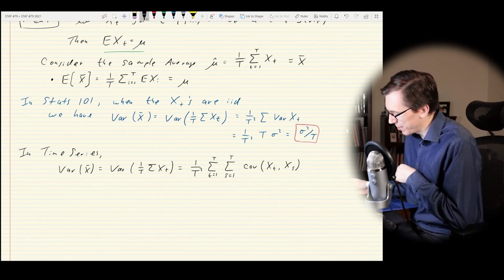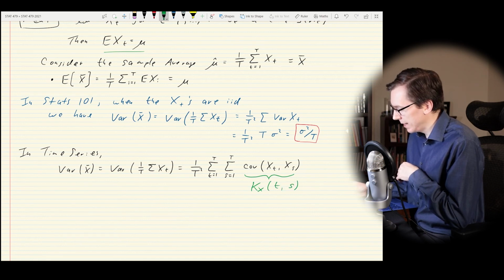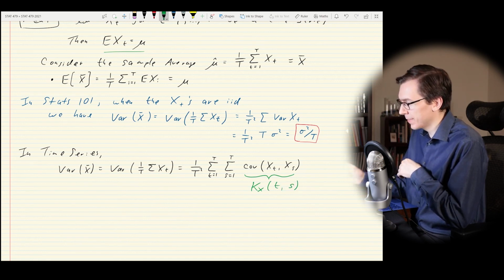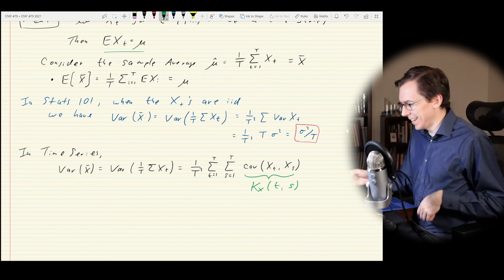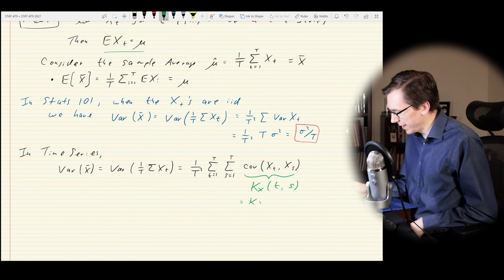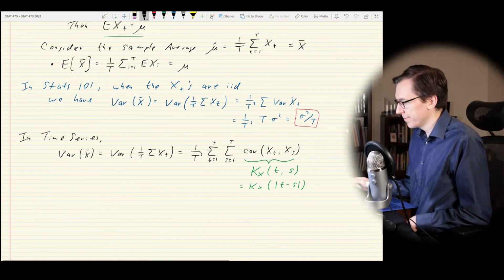So we can rewrite this as the autocovariance K_x at time t and time s. And actually, we can go one step further because it's stationary. So by stationarity, we can just write this as K_x of the absolute value of the difference between t and s.